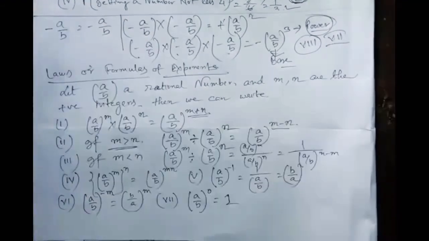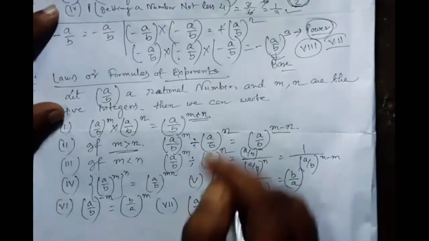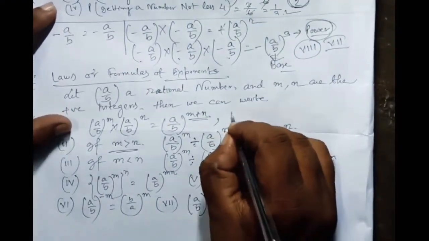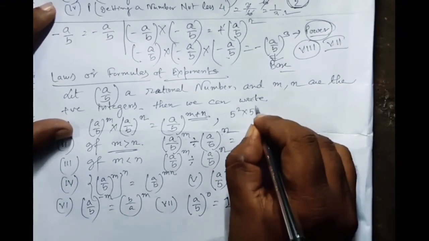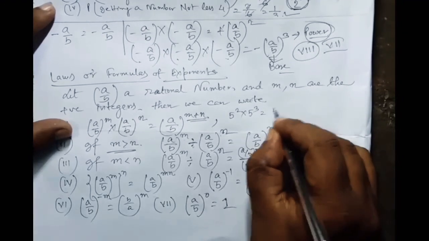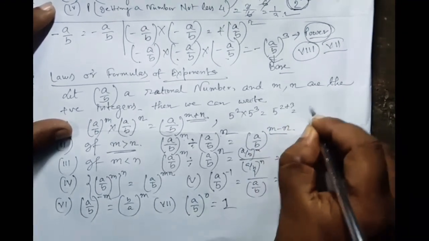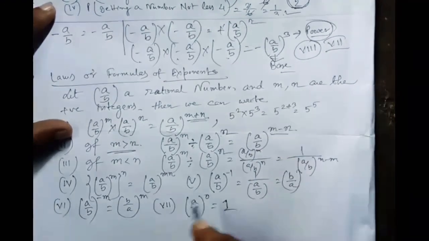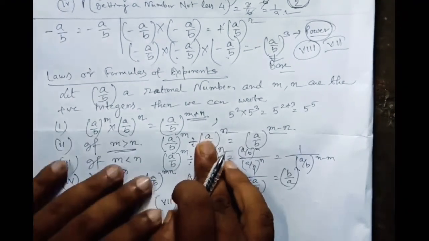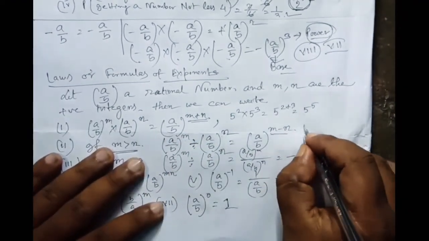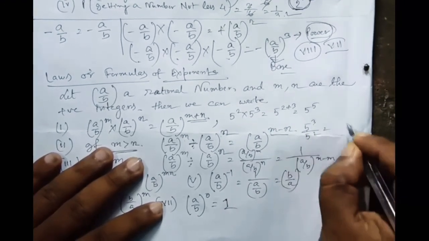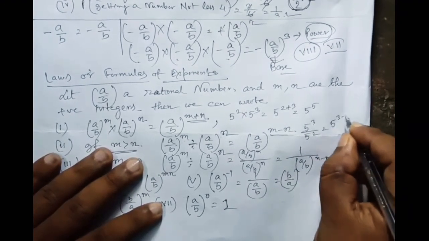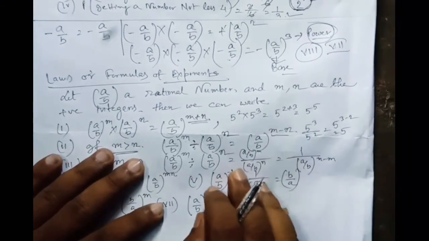So these are the laws of exponent. Suppose we take 5 to the power 2 into 5 to the power 3, we get 5 to the power 2 plus 3, that is 5 to the power 5. Second case, 5 to the power 3 divided by 5 to the power 2, we get 5 to the power 3 minus 2, that is only 5.